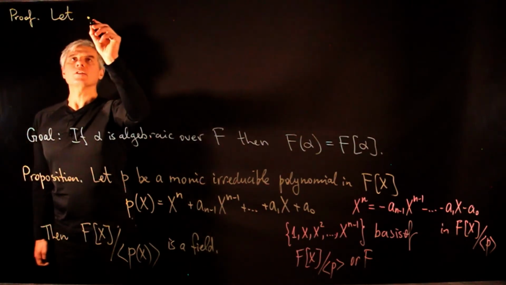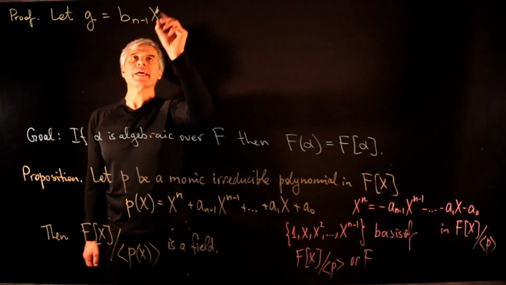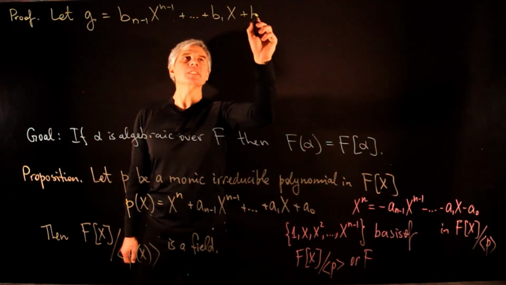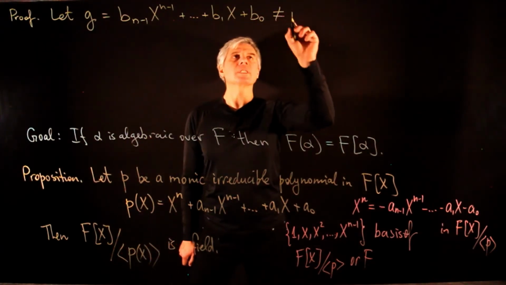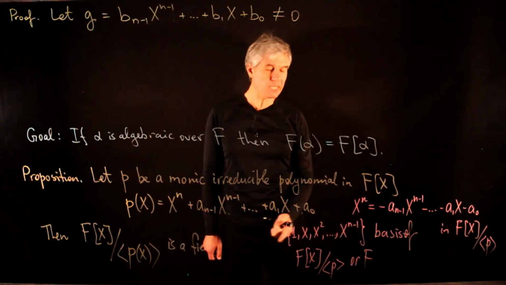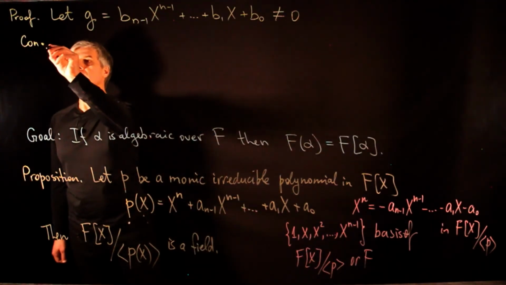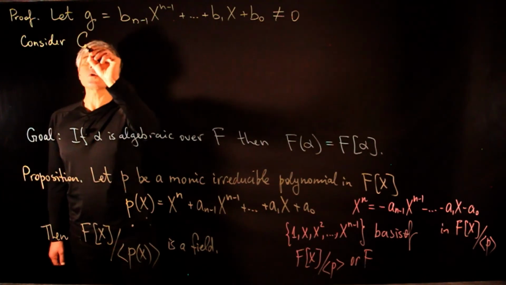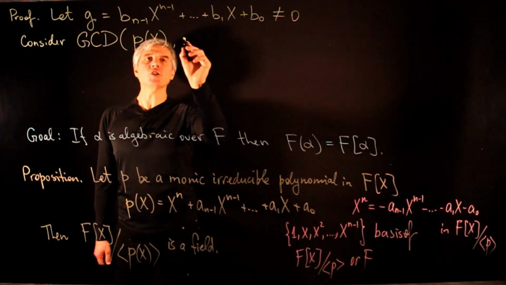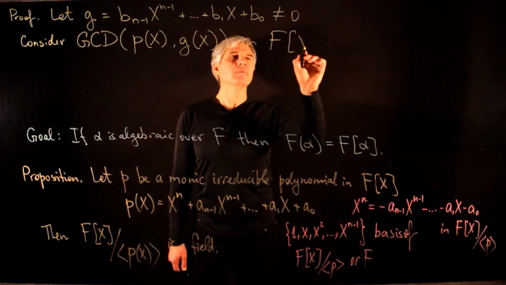Let g be a linear combination b_{n-1} x to the n minus 1 plus ... plus b1 x plus b0 that is non-zero, meaning that some of these coefficients are non-zero. Because this is a basis, this will be a non-zero element in the quotient. Consider the greatest common divisor of p(x) and g(x) in the ring of polynomials.